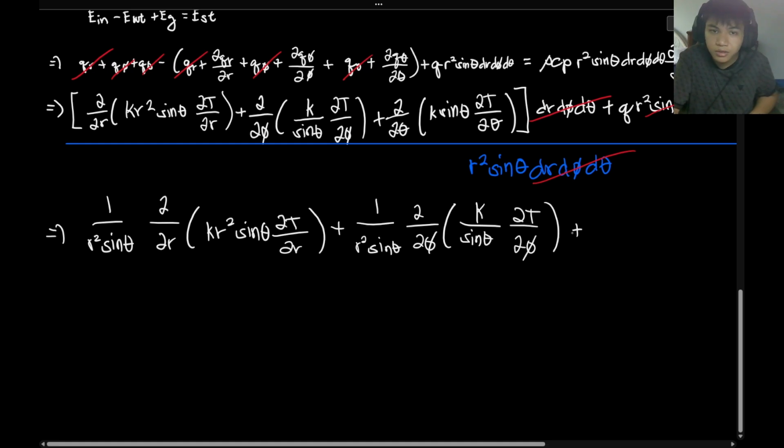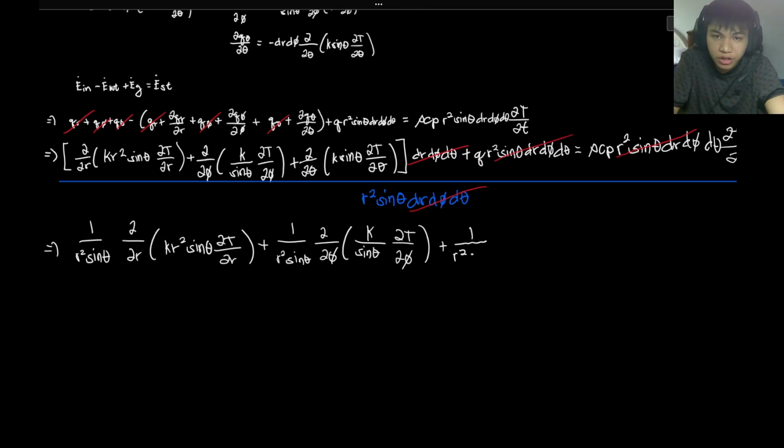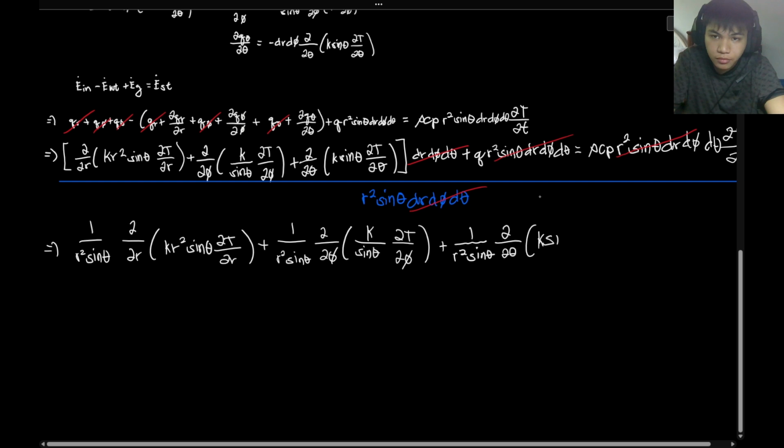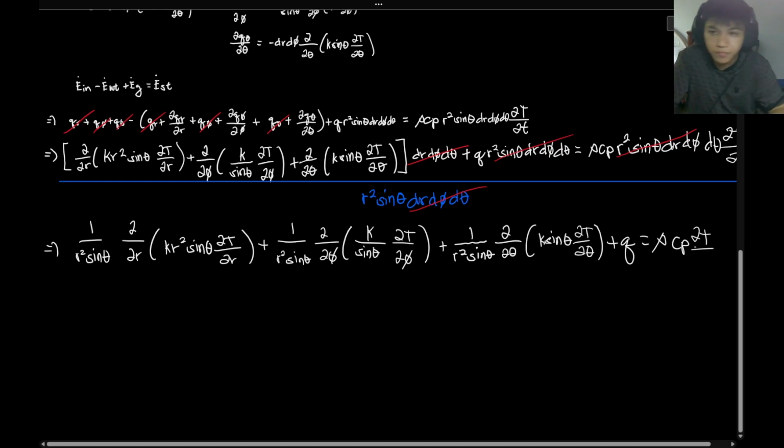Plus 1 over r squared sine theta, and then our partial derivative in terms of theta, and then inside, k sine theta, partial derivative in terms of theta. This is plus q, and this is going to be equal to rho Cp, the partial derivative of temperature with respect to time.